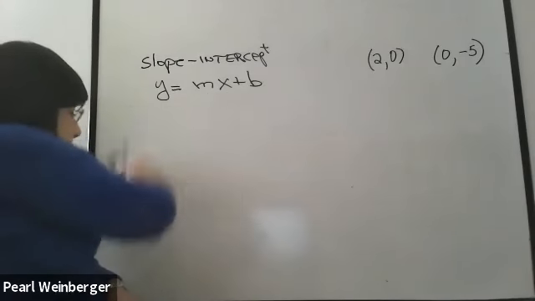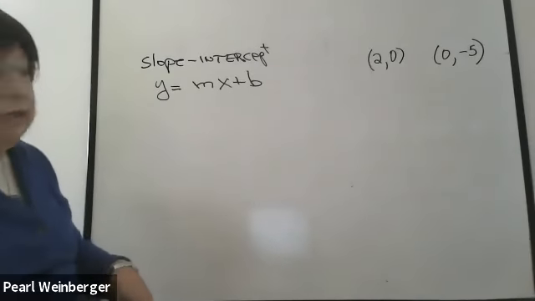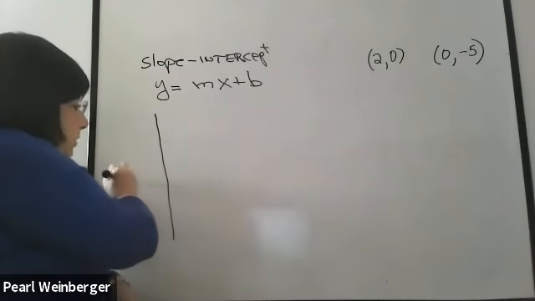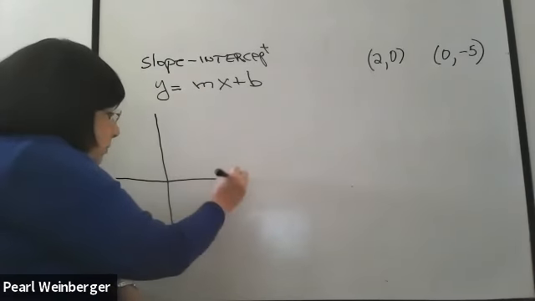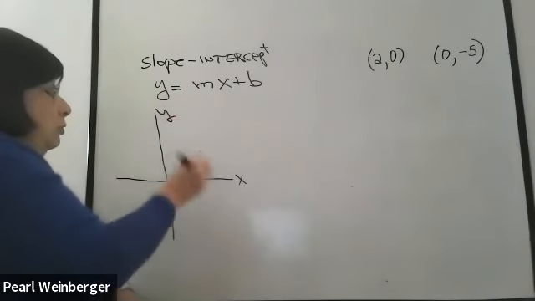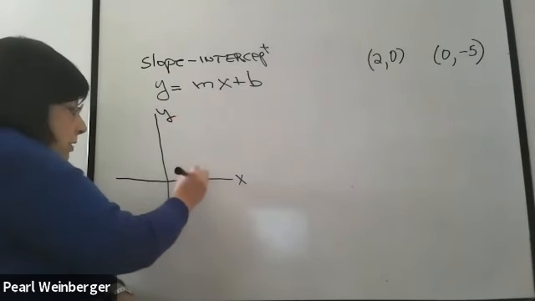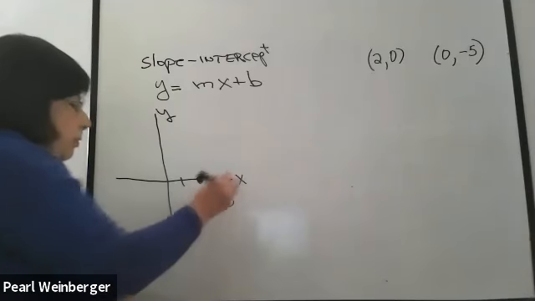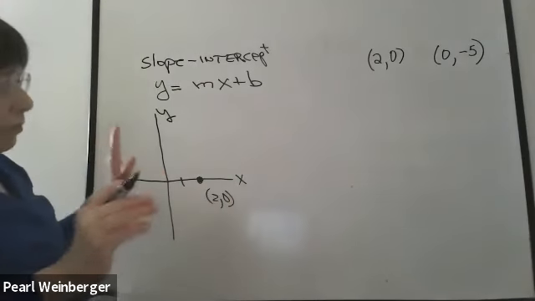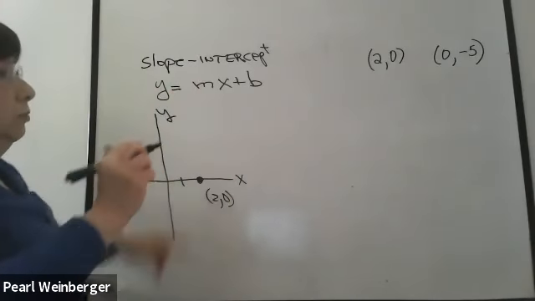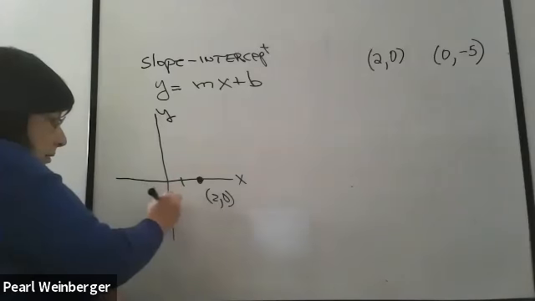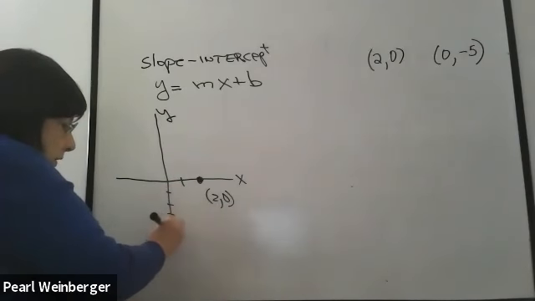So first of all, you don't have to, but I'm going to draw it because when I draw something, I somehow feel more comfortable as to what I'm doing. (2, 0) is this point here. And (0, -5) is along the y-axis and it's going down 5.